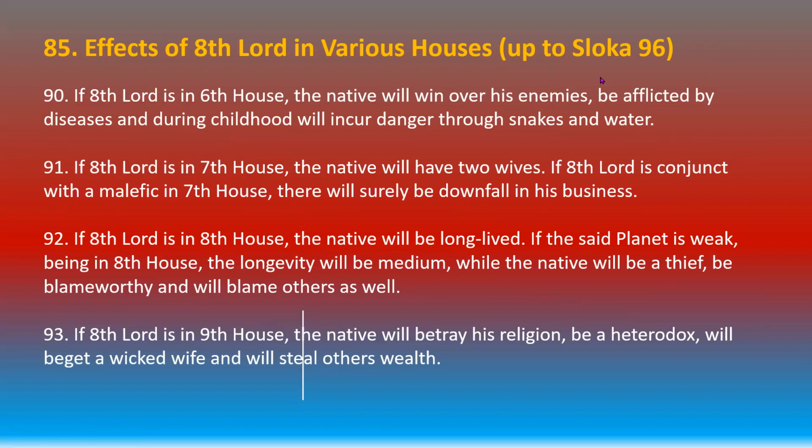Anyway, the eighth lord going in the sixth is a problem, but like I again said, it's a good thing to have a negative house going into another negative house. It's like a thief or a thug going into another thug's house and killing him off, so that works out quite well. If the eighth lord is in the seventh, the native will have two wives. If the eighth lord is conjoined with a malefic in seven, there will surely be downfall in his business.